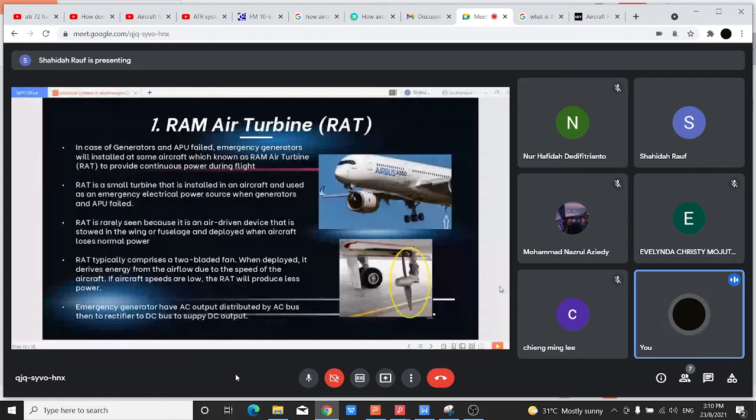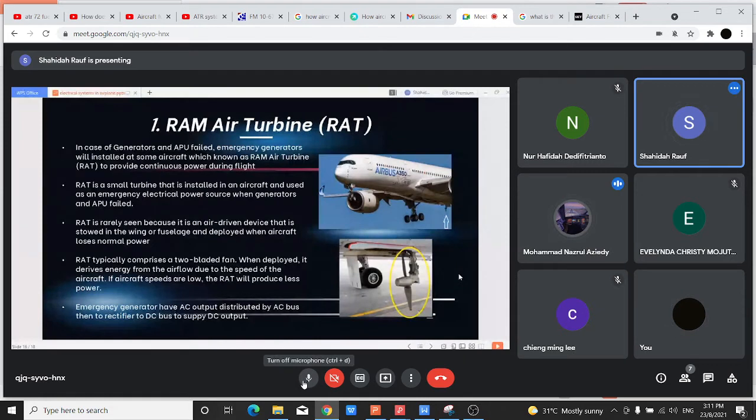So I want to ask, does this RAT, ram air turbine, power all of the systems in the plane that need electrical power? Yeah, if the generator and APU can still operate, the ram air turbine will not be deployed, because it is located here. It only deploys when needed during an emergency condition.